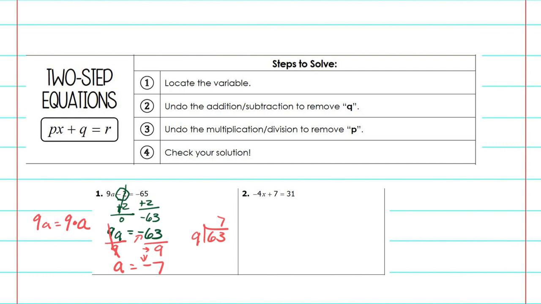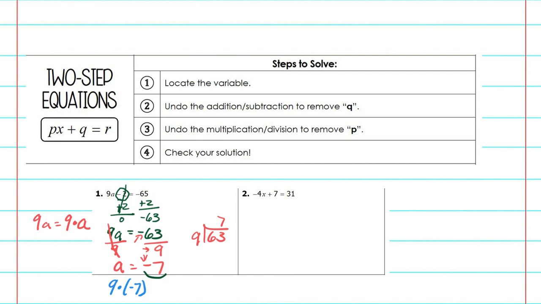If you want to go ahead and check this, how we check this is we can just write negative 7 back into the problem. So if I write the problem as 9 times, parentheses negative 7, because I want to keep the negative 7 together.